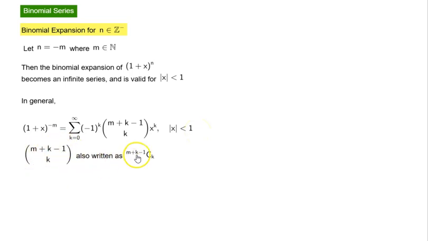So in general, we have 1 plus x to the power of minus m is equal to the summation k equal to 0 to infinity of minus 1 to the power of k times combination m plus k minus 1 choose k times x to the power of k, with the absolute value of x being less than 1. Remember, this is nothing but m plus k minus 1 C k.